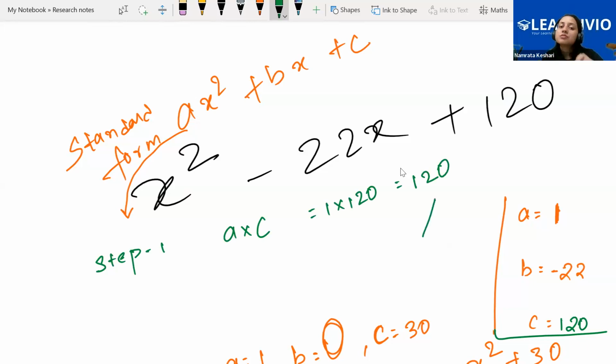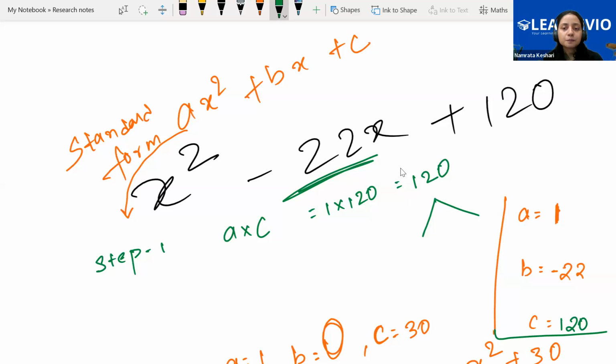Now we will try to factorize this 120 using two numbers which, added together or subtracted, will generate the middle term. Let me write it here. Two such numbers multiplied together will give 120.